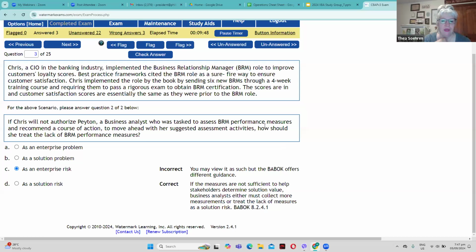One of the key things to remember is we're talking about solution performance and limitations in this chapter. The BABOK is really focused on solutions.